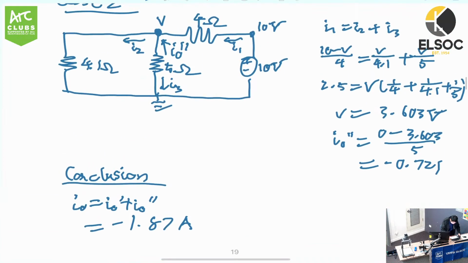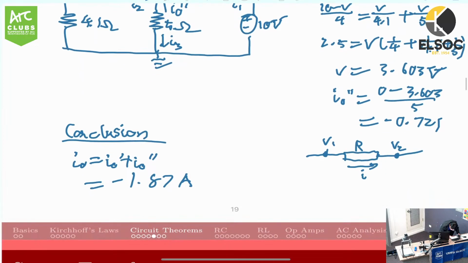Oh, last one. Remember if I have a resistor like this, the current is here. V1, V2, this is I, and let's say this is R. Ohm's law is defined as I equals V1 minus V2 over R, where V1 is the first voltage the current is coming from. This is just the definition of Ohm's law.